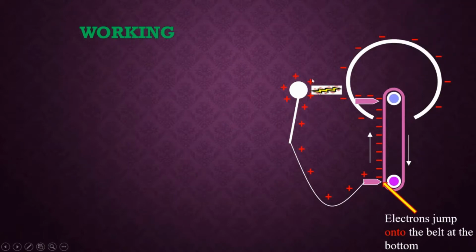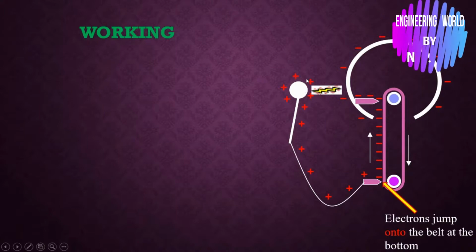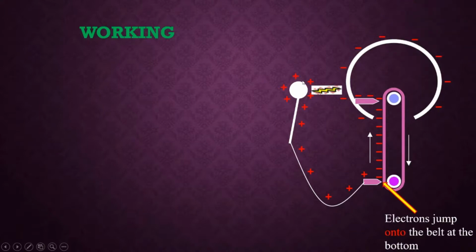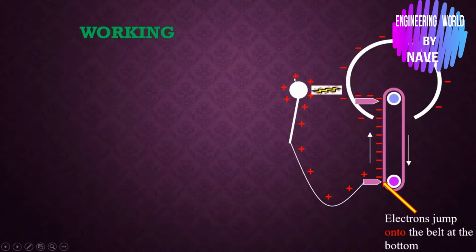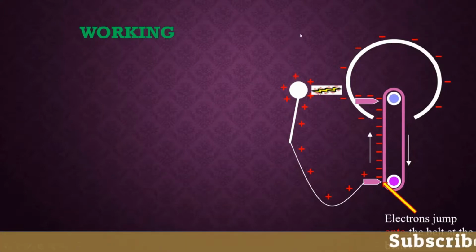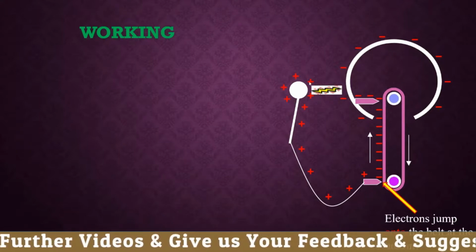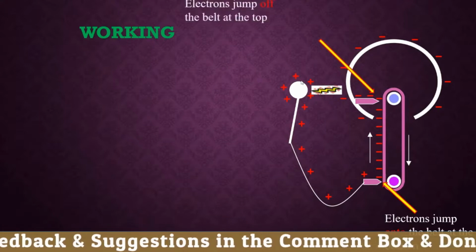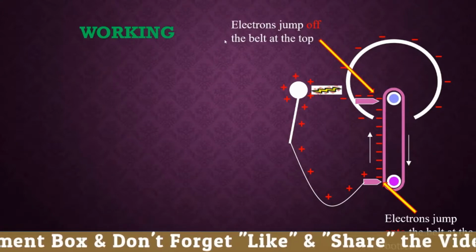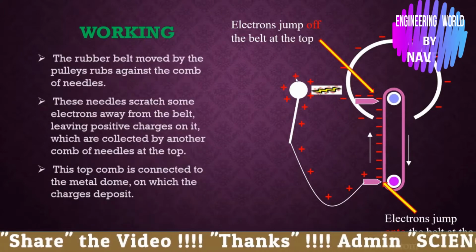As the belt is moved by the electric motor, the charges move upward. When they reach this region, this comb collects the charges from the belt and transfers them toward the dome shaped sphere. So all the charges accumulate on the dome shaped sphere. From here the electrons jump off the belt at the top.